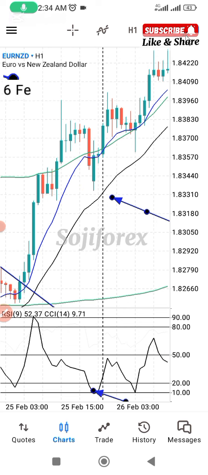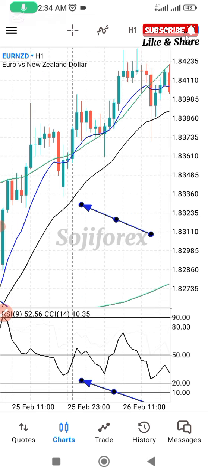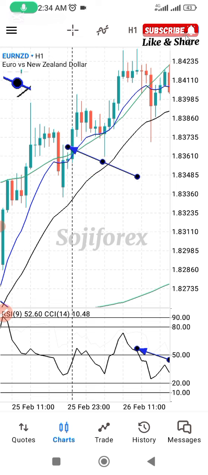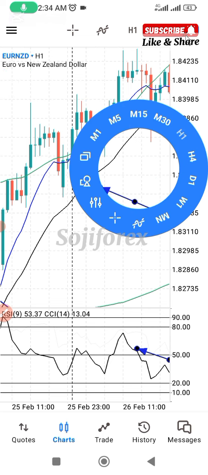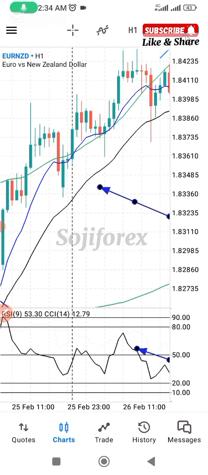And you can see that our CCI crosses from the level of 10 and 20, which is a confirmation to that effect. However, if you were not convinced on making this trade, price went up and price pulled back into the moving average.